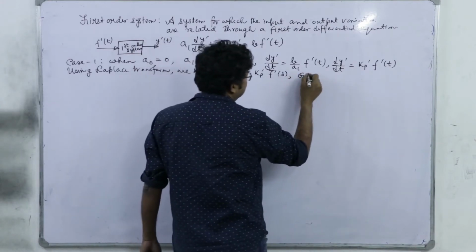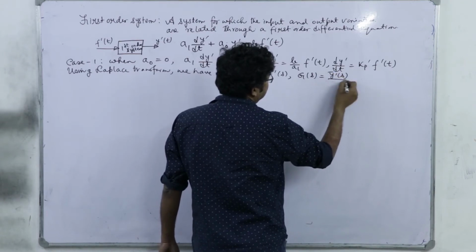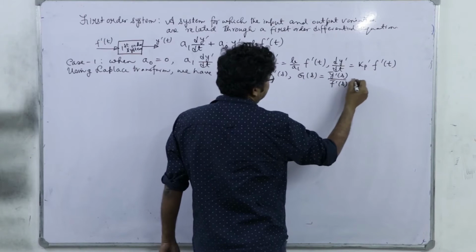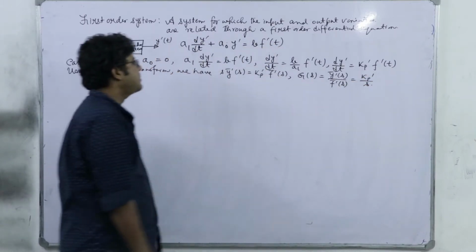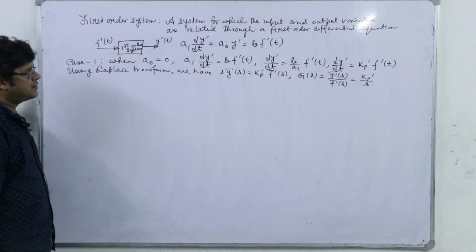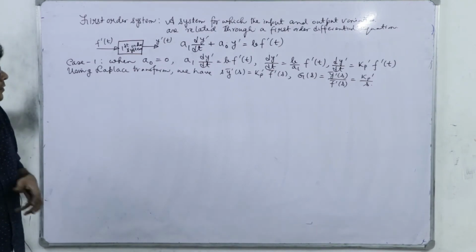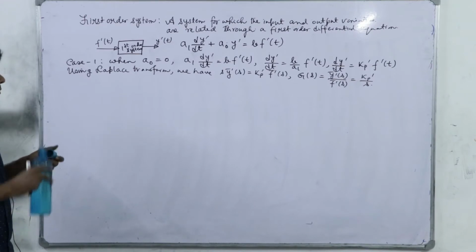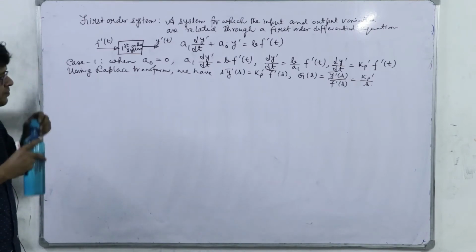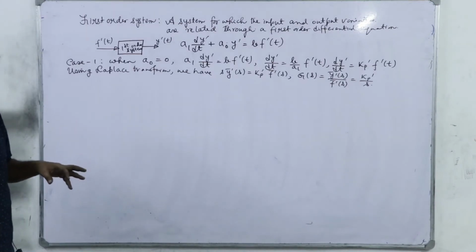So the respective transfer function Gs is y prime bar s divided by f prime bar s equal to Kp prime by s. So now you see that its transfer function, the respective form is pretty simple.